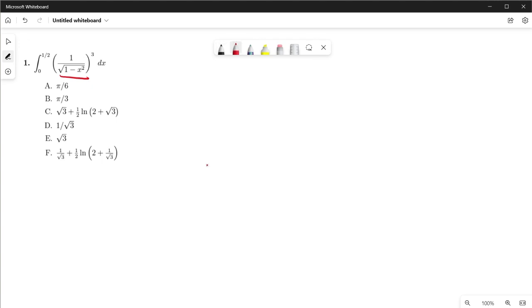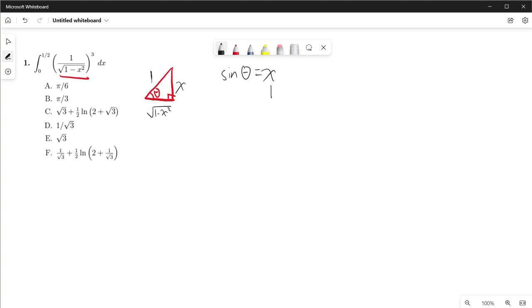And alright, let's draw a triangle. Say this angle is theta. Then I will have here 1, as it's a difference of squares, and then x will be here, so my sine theta would be x over 1, which is x, and then the third side would be the square root of 1 minus x squared.